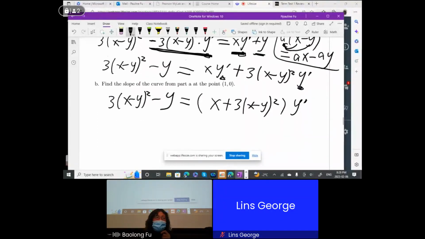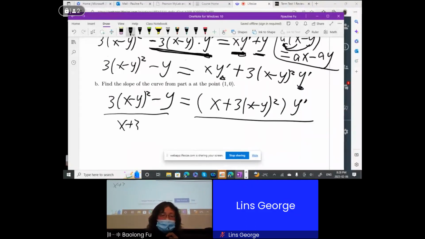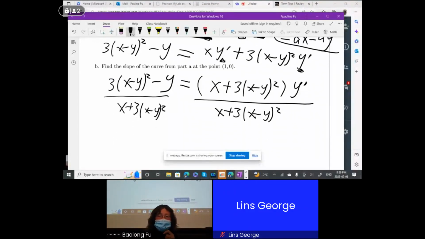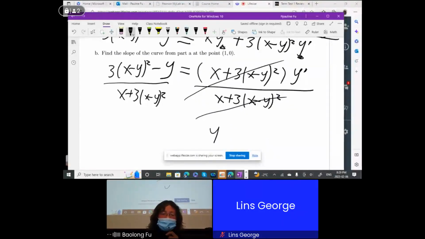And now, one step away, you get the final answer, y prime. So for both sides, you divide by x plus 3, x minus y squared. Both the left-hand side and right-hand side, you divide by the same item, and you cancel out this one. On the right-hand side, you just have y prime.